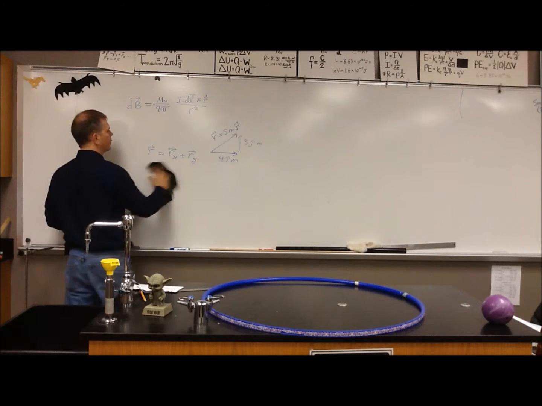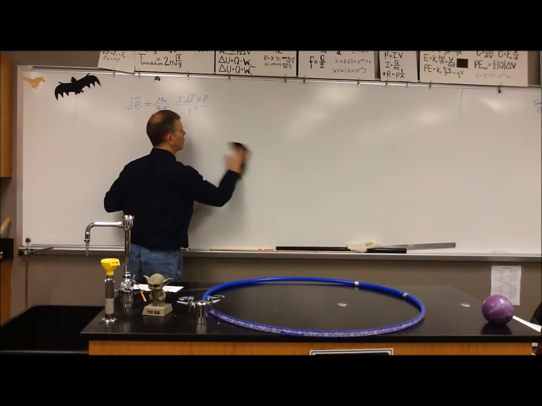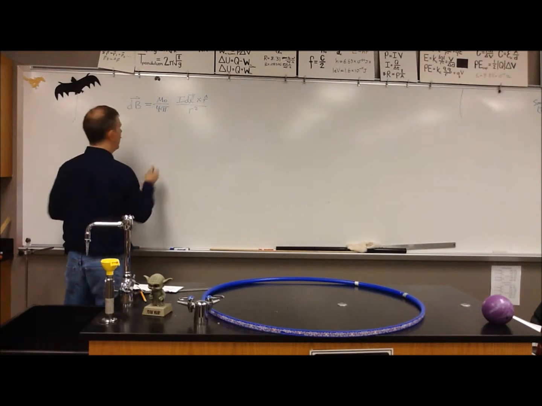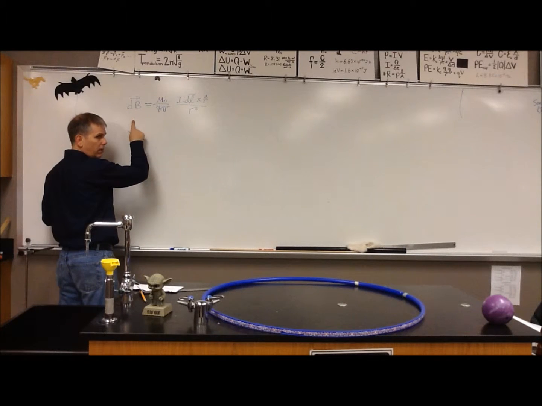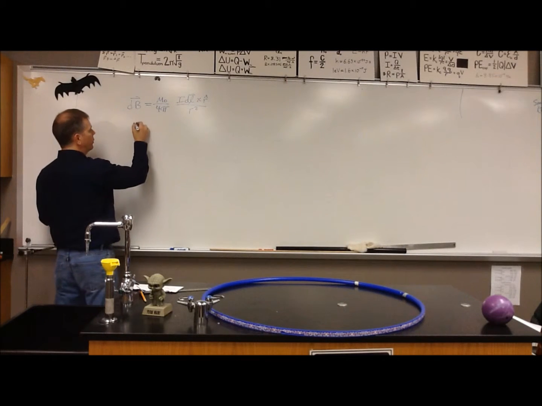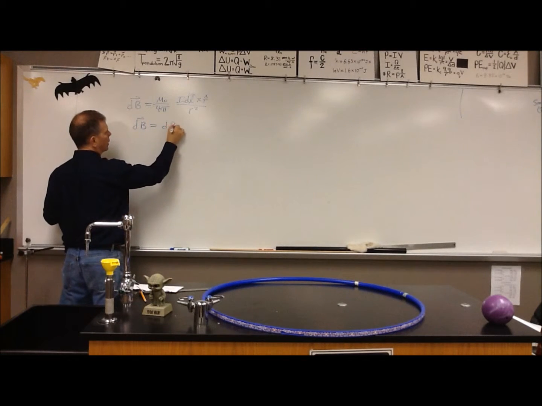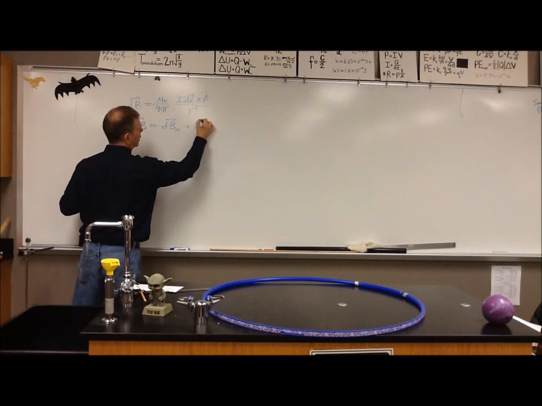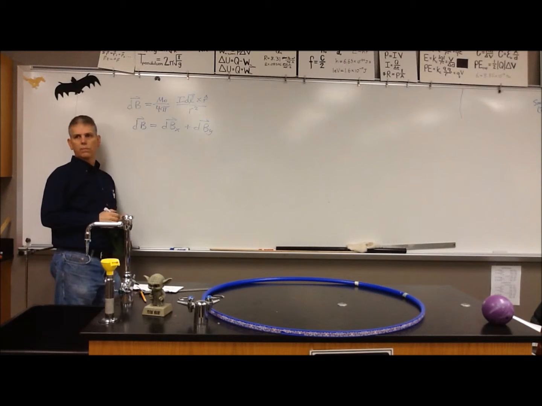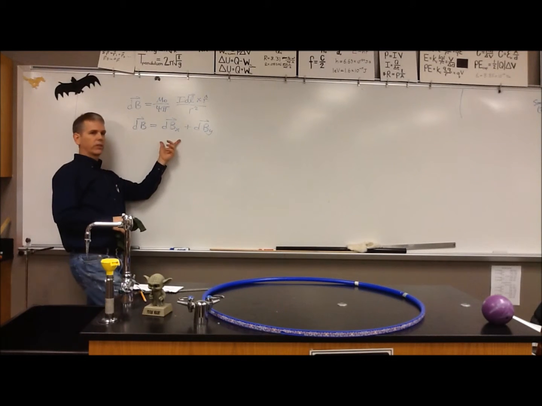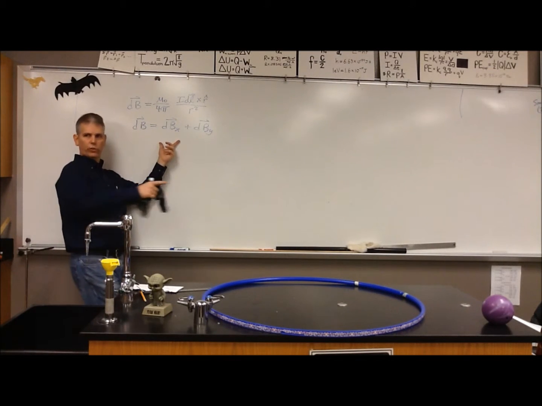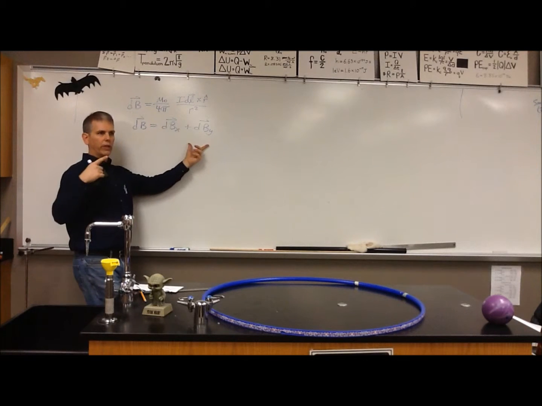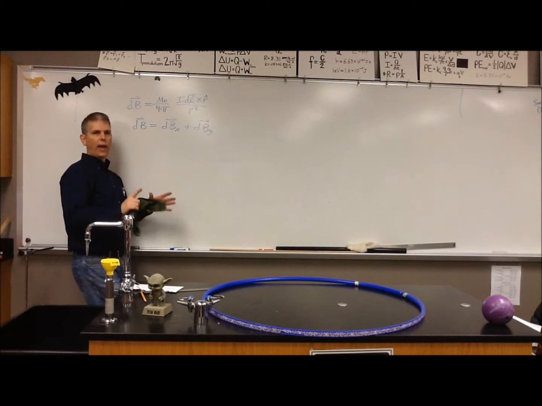Therefore, dB, all of dB, equals, we agree? I'm just saying the vector, your x component, your y component, will give you your total vector. If you add them as vectors.